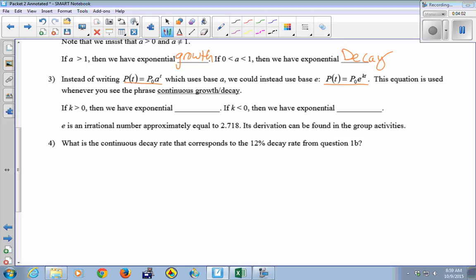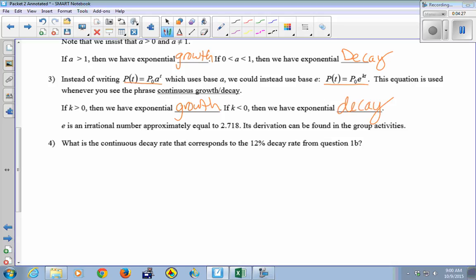Whenever you see the phrase continuous growth or decay, it is referring to the equation with the e in it. So if we're dealing with continuous growth or decay, if k is positive, we have exponential growth. And if k is negative, we have exponential decay.